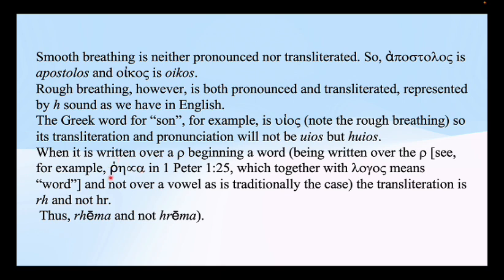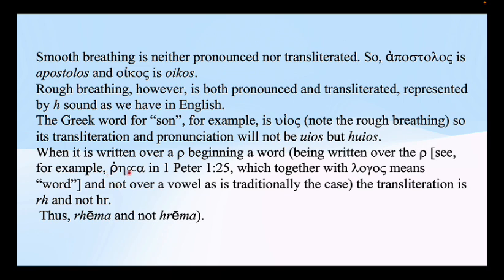The letter rho is beginning the word, and it has rough breathing. So this is a different case, okay? An exceptional case. I don't just go and apply H here and have hirema. That's not how it works.